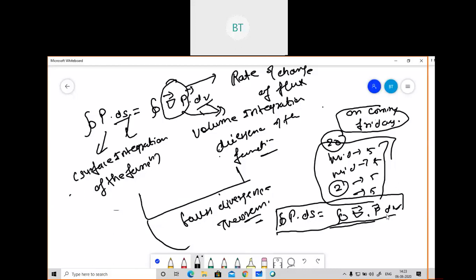If somebody asks where we use the Gauss divergence theorem, you can tell them it is used to understand electromagnetics. Without this, electromagnetics is incomplete. It is used to understand the flow of various fields like electric field and magnetic field, how the field is transferring from one place to another.